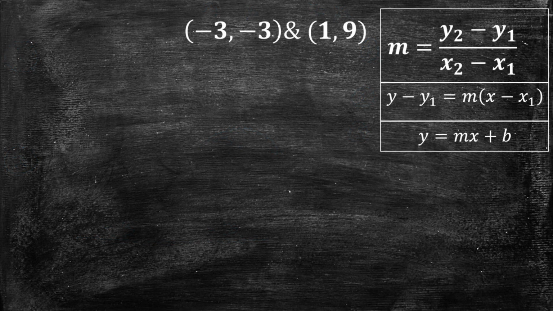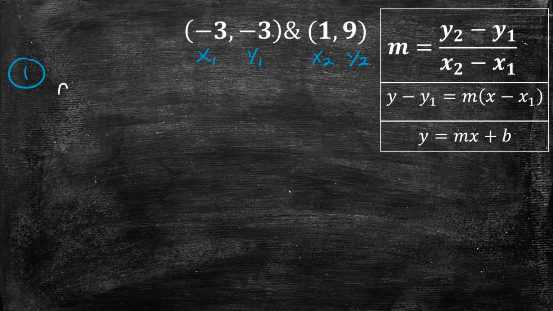Example number 2. We are given these 2 points here. So before we begin, I'm just going to go ahead and label my x1, y1, x2, and y2. So I'm just going to go ahead and use the first point as my x1, and then y1, and then x2, and y2. So step number 1 is we want to find the slope.